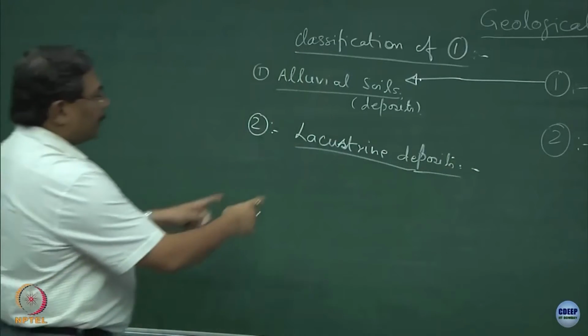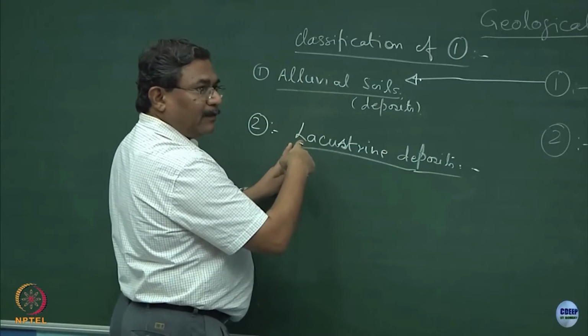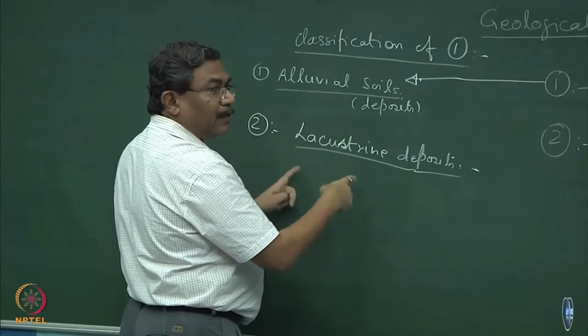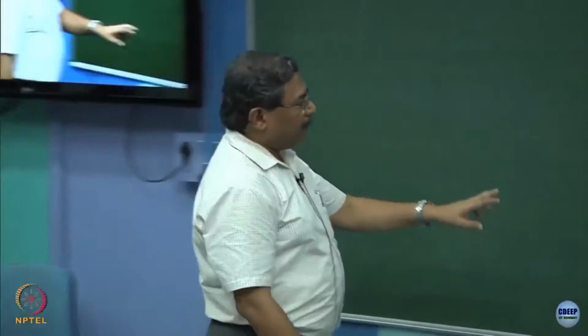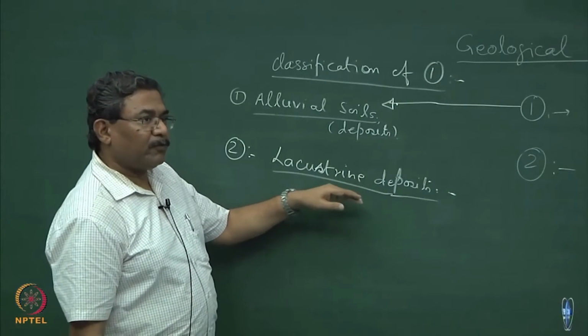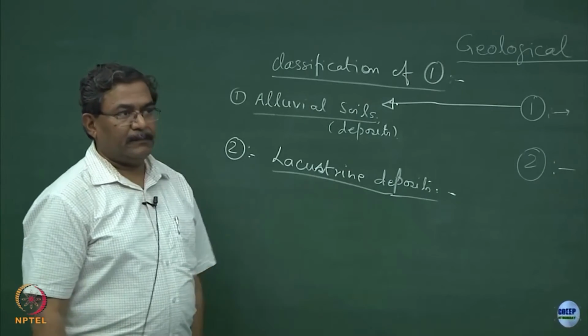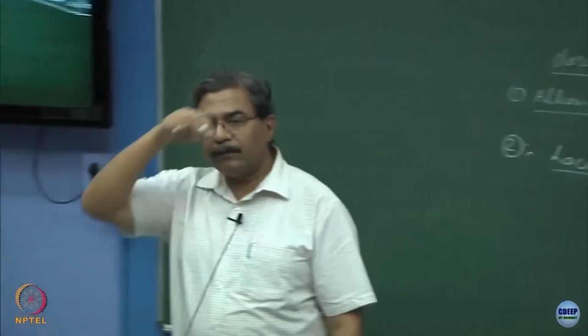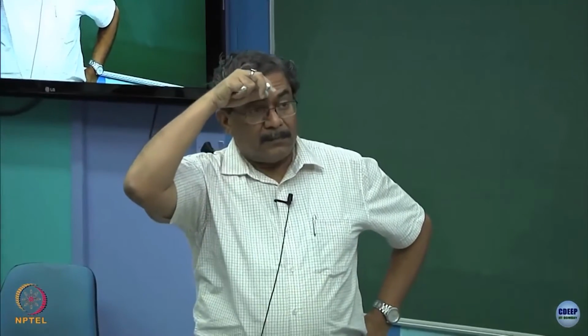Basically, the term has come from lake. So, all these deposits are in the freshwater lakes. So, a lacustrine deposit of the soil is from freshwater lakes. Is this okay?